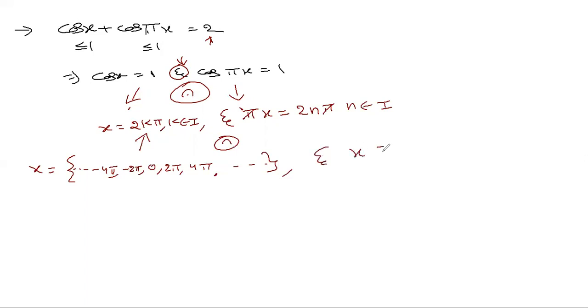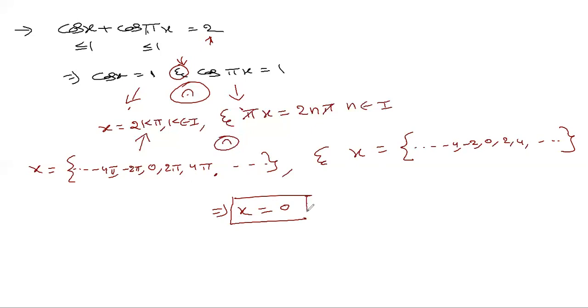And for x equals 2n, n belongs to integers, the solution set is 0, 2, 4 and so on, negative 2, negative 4 and so on. For these two we have to consider the intersection. Intersection means common elements. That implies x will be the common element; only one element is present, that is 0. So x equals 0 is the only solution for the above trigonometric equation.